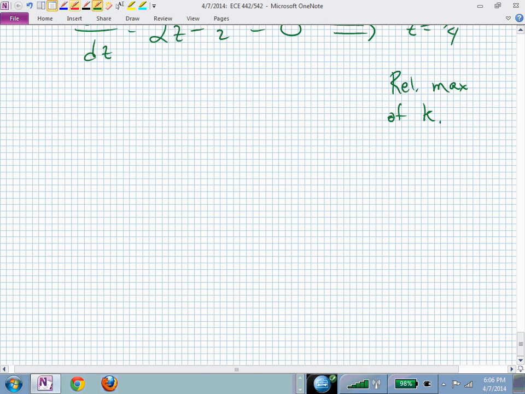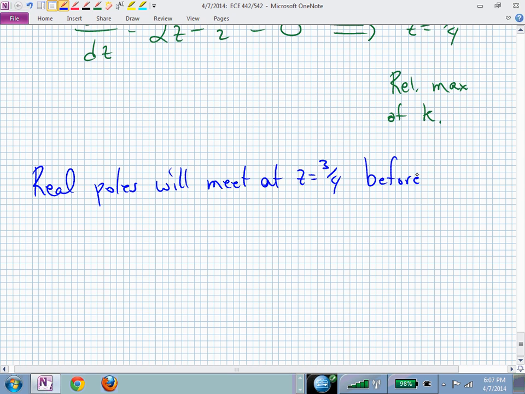So now we have real poles at z equal 3/4.